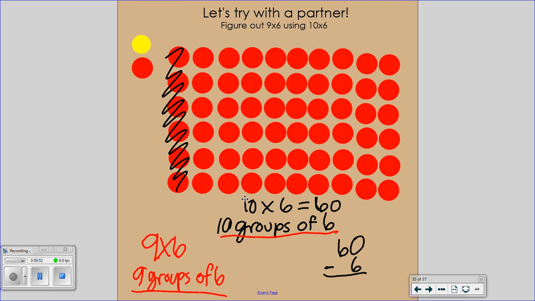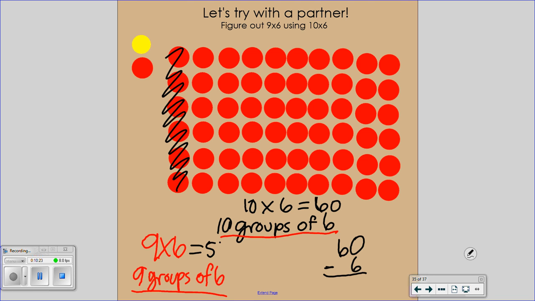Start at 60, 59, 58, ... 54. So what does 9 times 6 equal?